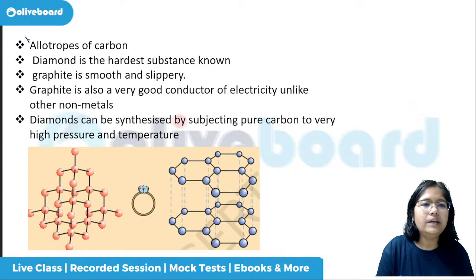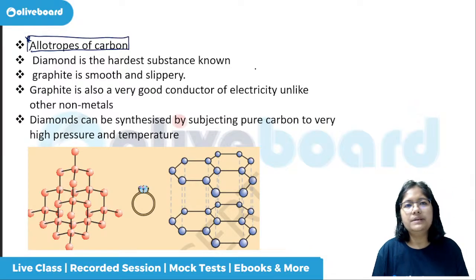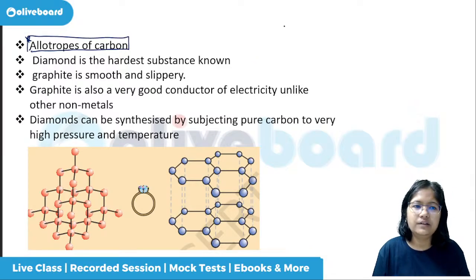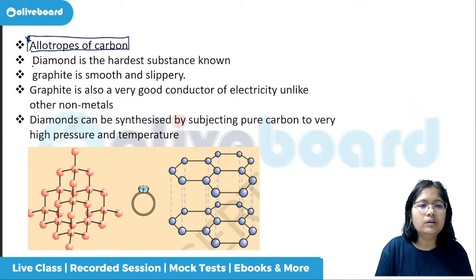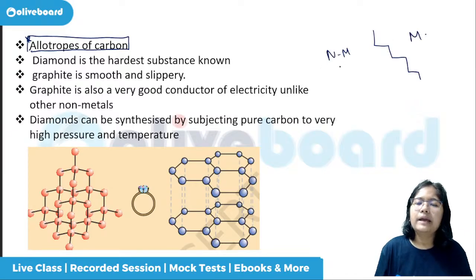Now coming to the allotropes of carbon. Allotropes of carbon means the different forms in which they will exist. Now we all know that when we are studying the periodic table, there is a zigzag line which separates the non-metals from the metals, right? And these non-metals are generally not as hard as the metals.